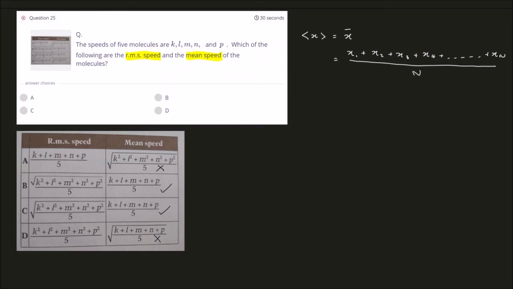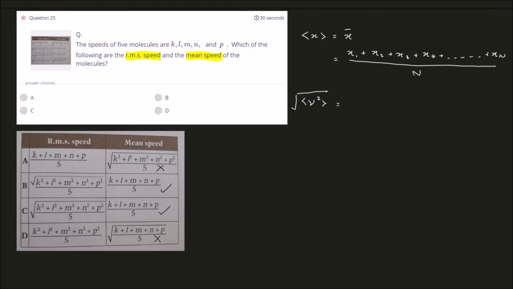Okay, then the next thing is you focus on RMS speed. So remember, it's v square already. Next thing is mean. Mean is we find the average. Next thing is we find the square root. So we do the same thing.